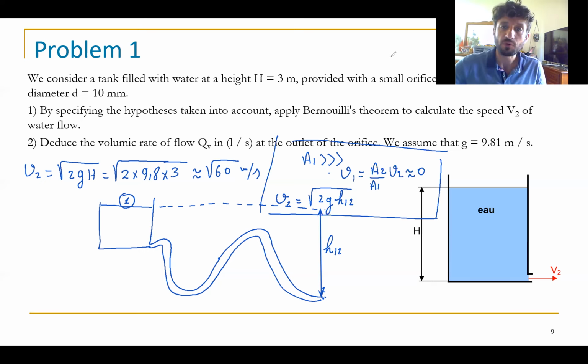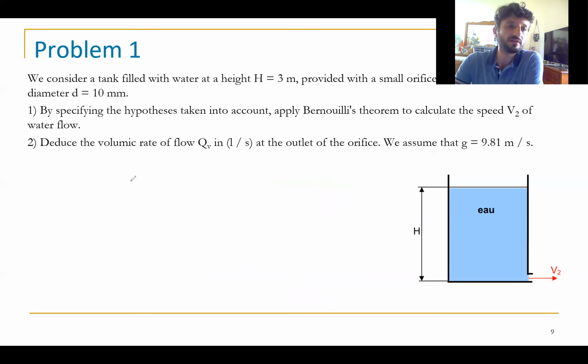The second point: I ask you to find the volumic rate of flow QV. QV is constant at any point inside the water. You can say QV equals A1 V1 equals A2 V2.